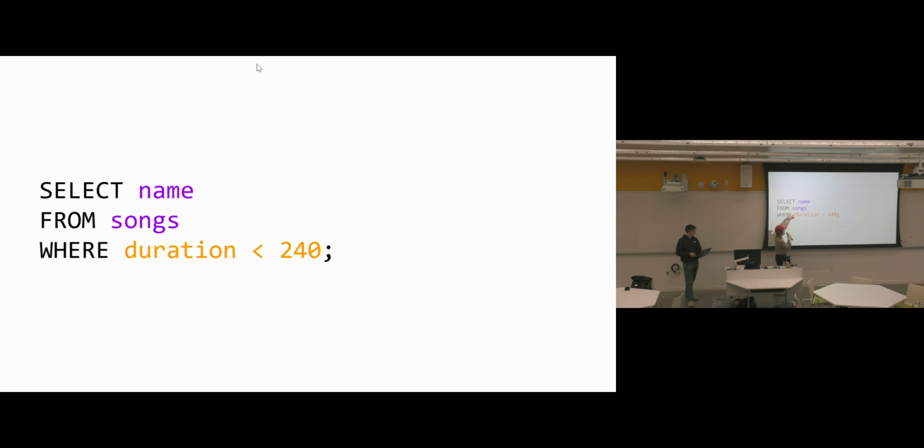Name and duration are items within this table, and songs is the name of the table. You're basically specifying which columns, which attributes, and once those things are matched up, you return everything that satisfies the following criteria through the select query.